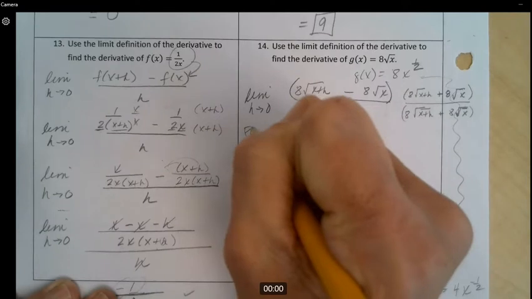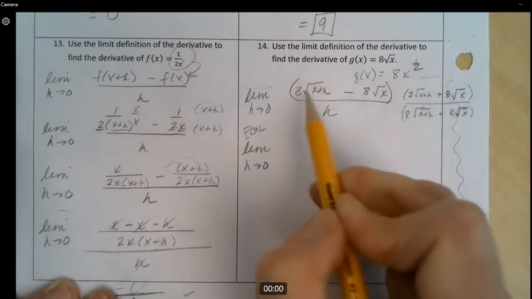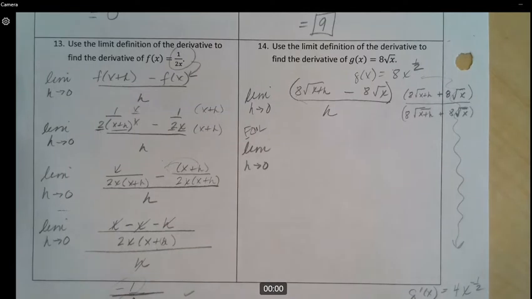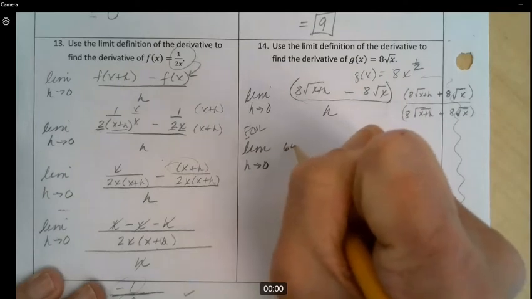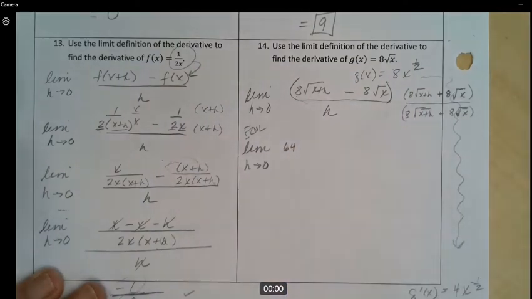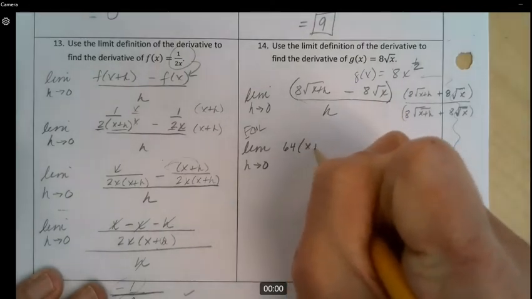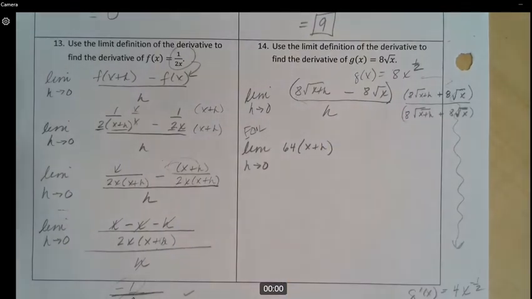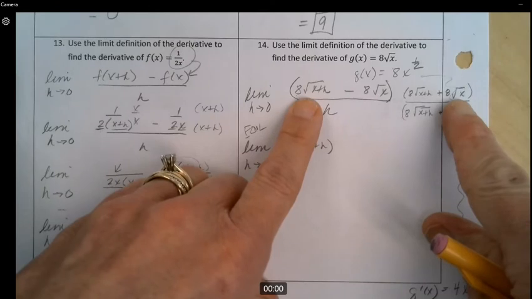Because when I FOIL, my first terms will take care of each other. So 8 times 8, 64, that's outside of the radical, so I have to pay attention to that. Times x plus h, that square root goes away. Are we okay with that? My outer terms are positive of these two multiplied together.